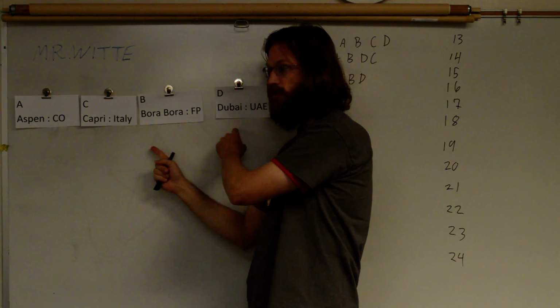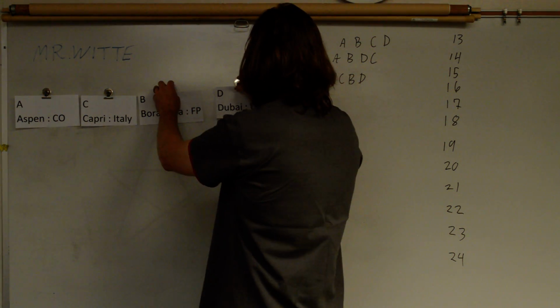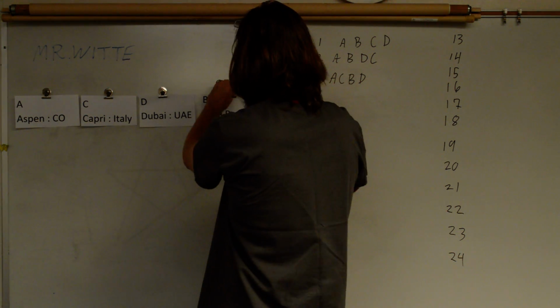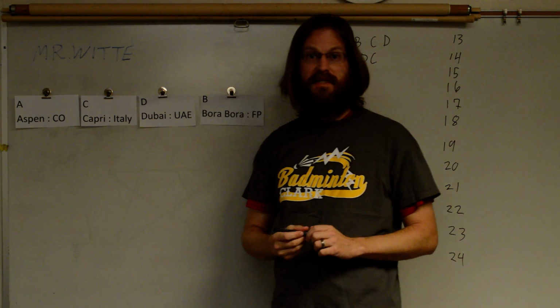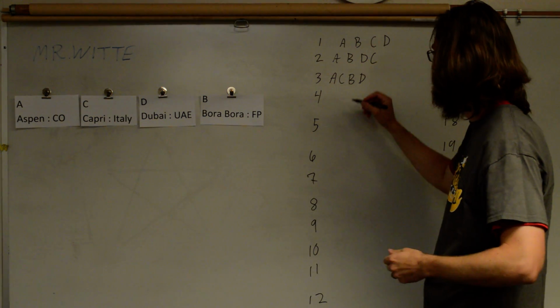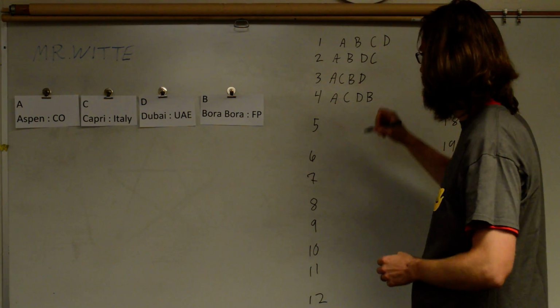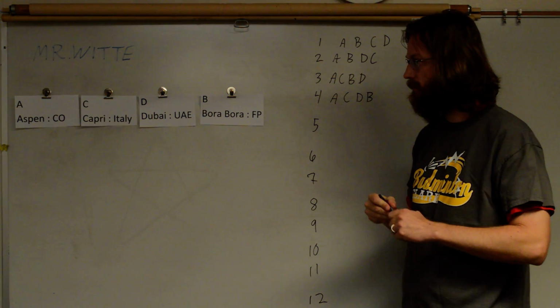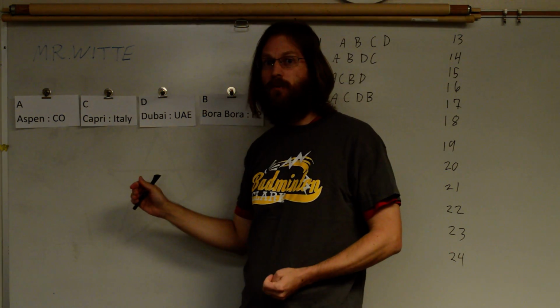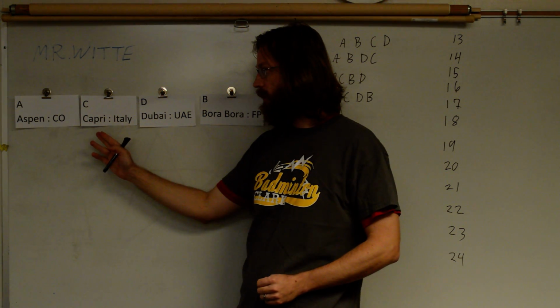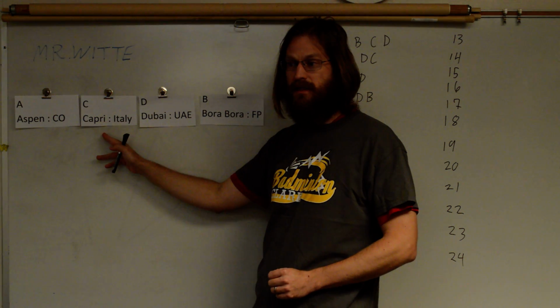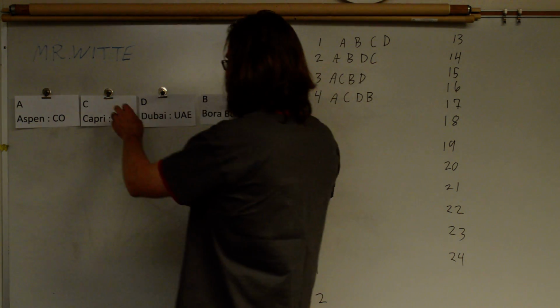Then I'm going to switch these 2 around. A, C, D, B. There's no more options for Aspen and then Capri. So let's put these back in order.